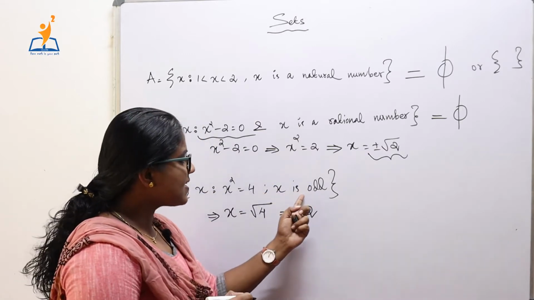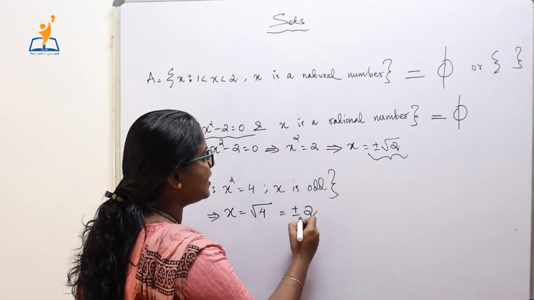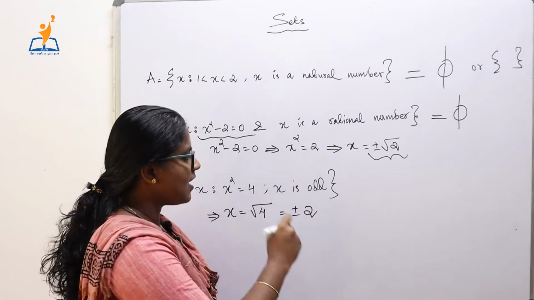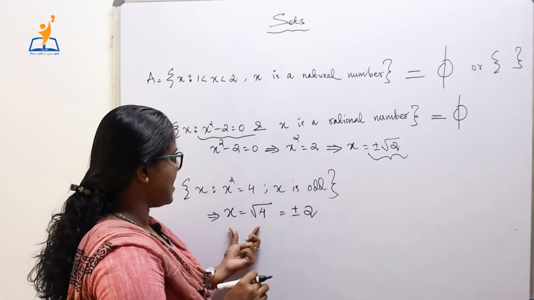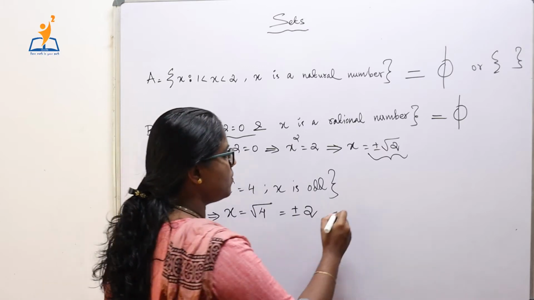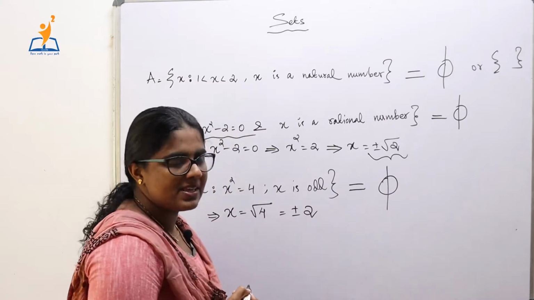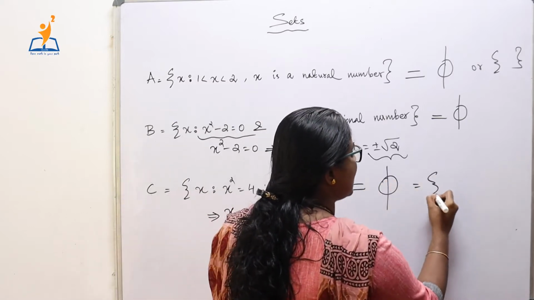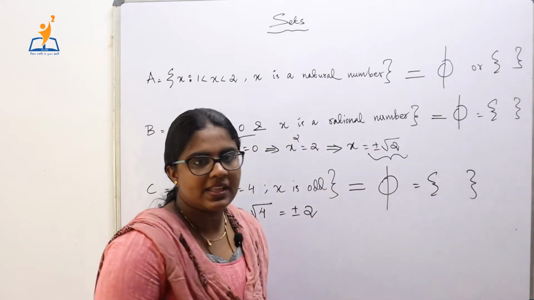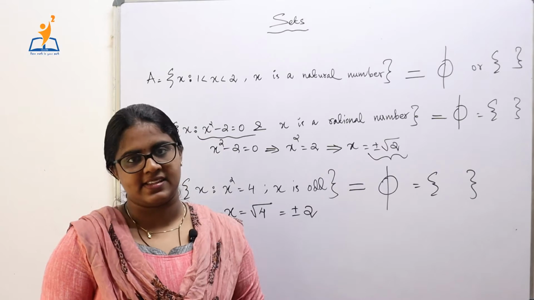Now, it is given one more condition, that x should be odd, but we know that plus or minus 2 is even. Therefore, there is no odd number satisfying the condition x square is equal to 4. So in this case also, our set is an empty set, and we can denote it also with the empty braces. Now, that's it.